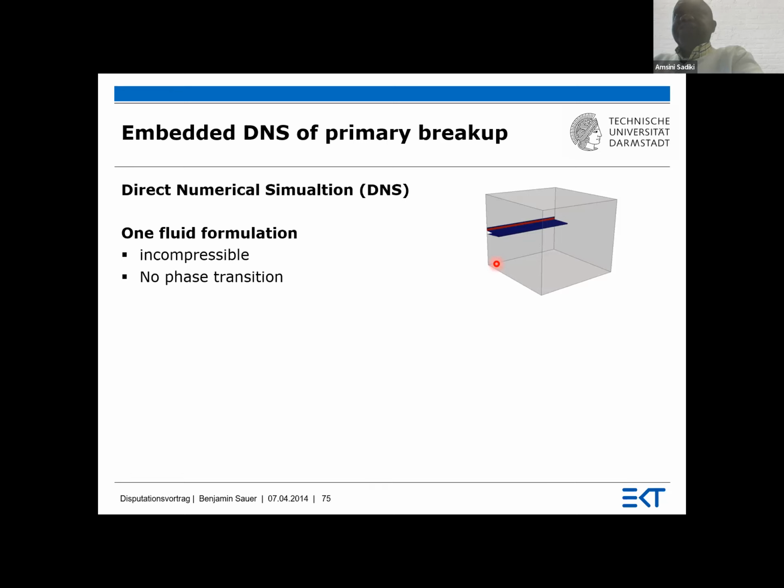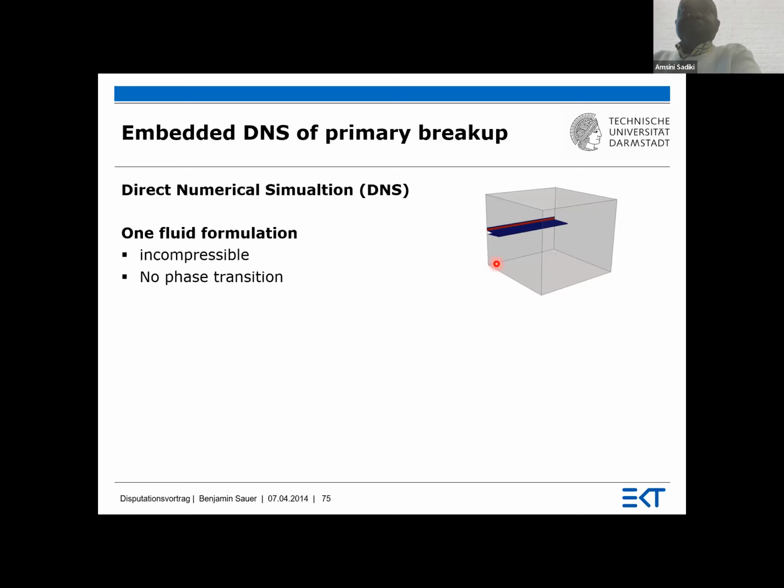That is why at the beginning we developed a so-called embedded DNS of primary breakup. It is DNS, but we reduce it to a very, very small computational domain, and we embed it in an environment in which we calculate the boundary conditions using LES.